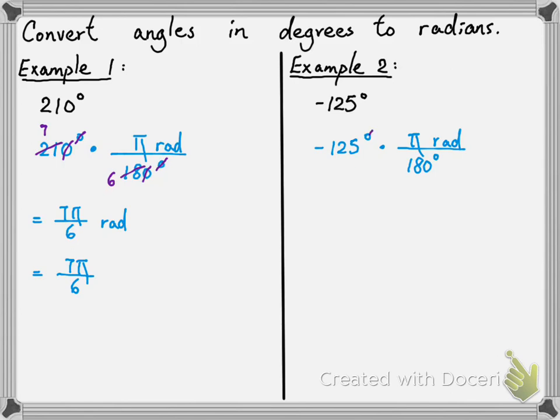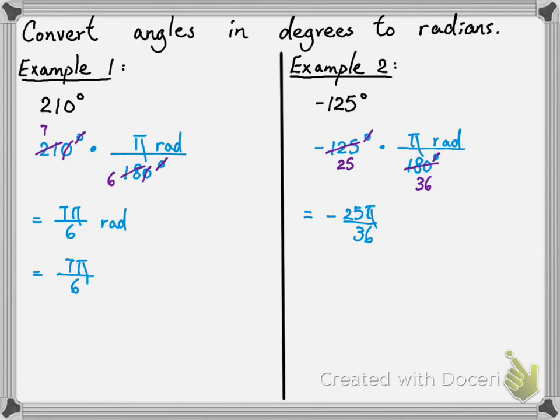We can first reduce the degrees, and the numbers 125 and 180 are divisible by 5. 125 divided by 5 is 25, and 180 divided by 5 is 36. Now we have negative 25 pi over 36 as our final answer.